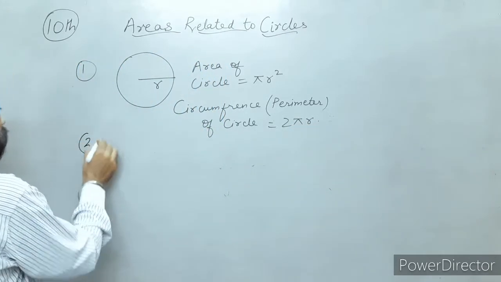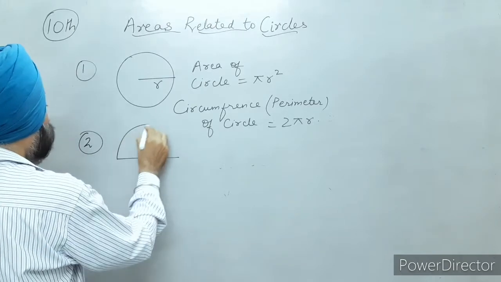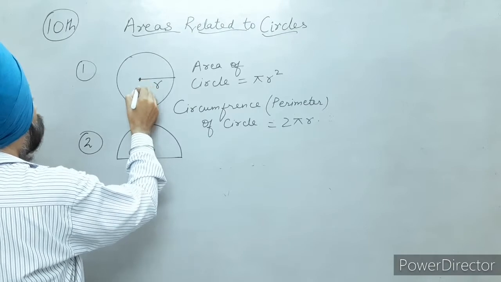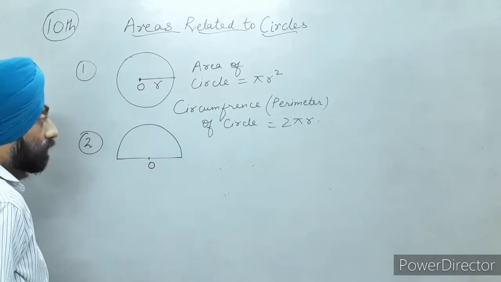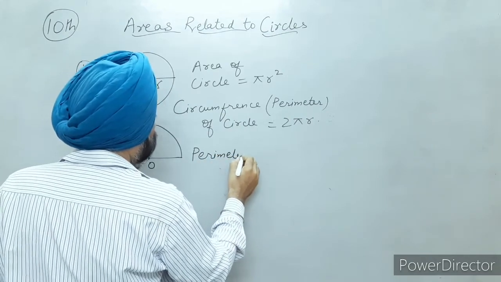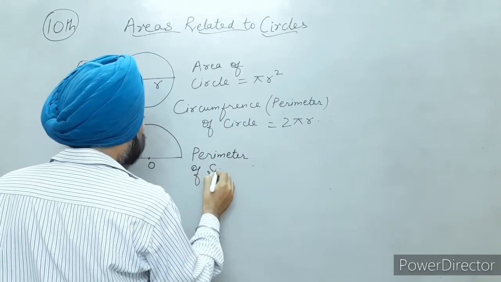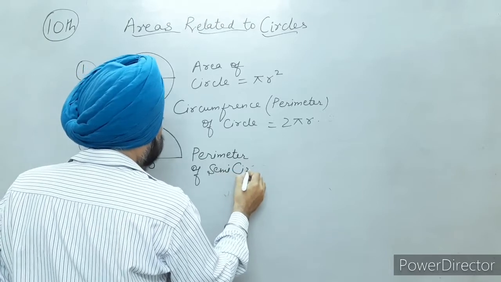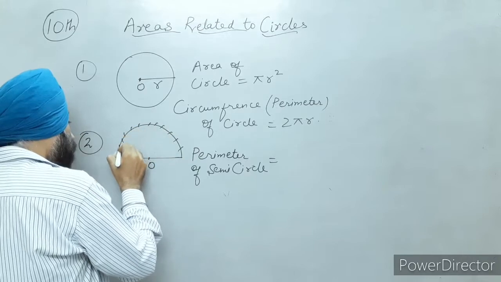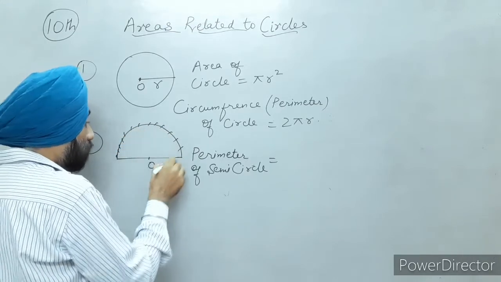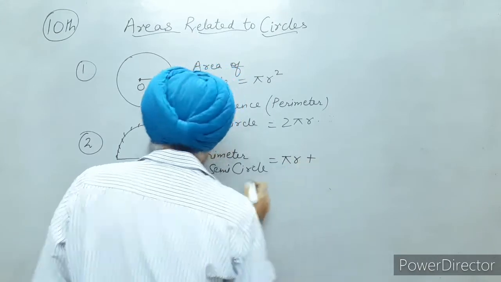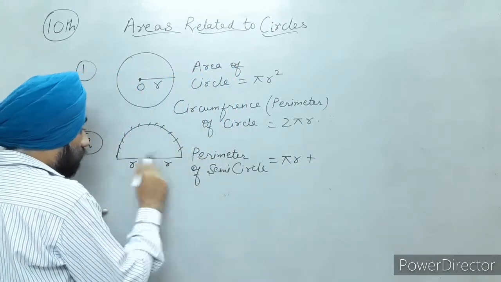Now similarly, if it is a semicircle, this is the center O. Now perimeter of a semicircle is length of this half of the circumference, that is pi r, plus this is the radius 2r.